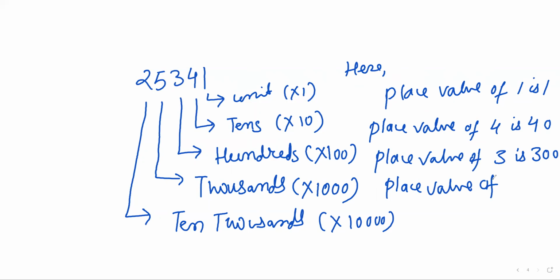Now place value of 5 is 5,000. Why? Because 5 is placed at 1000 place.